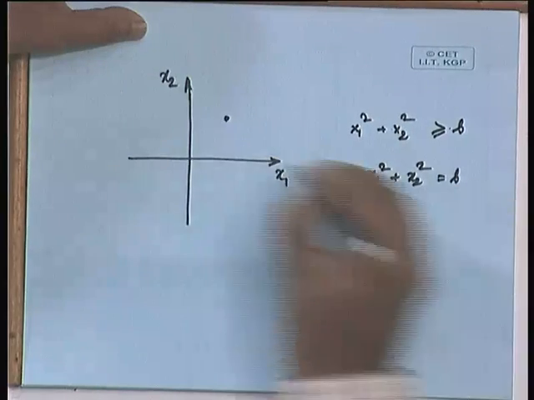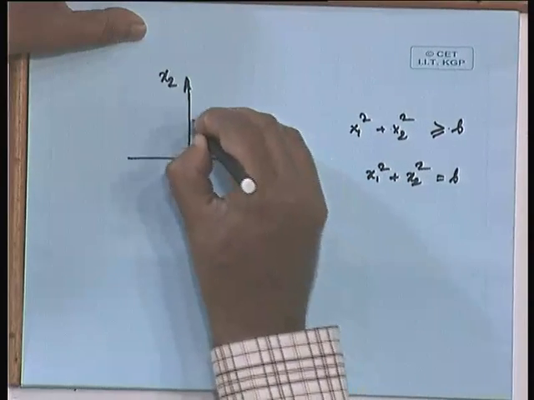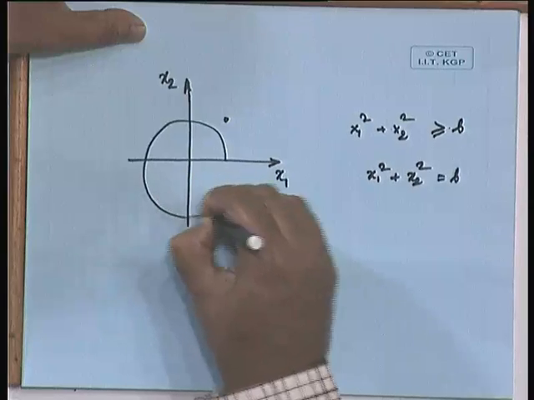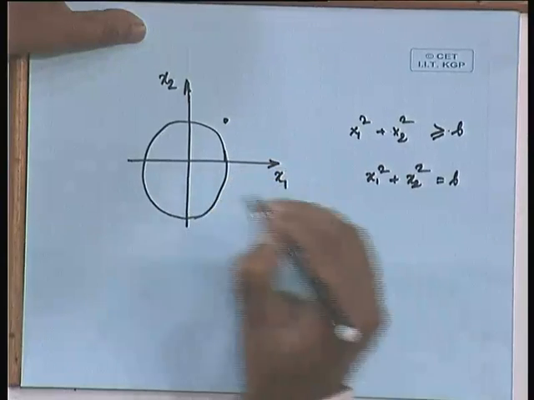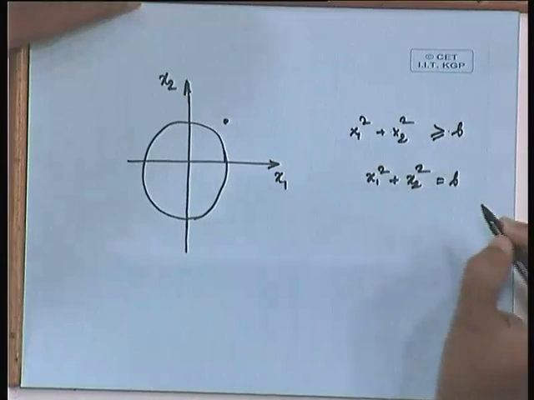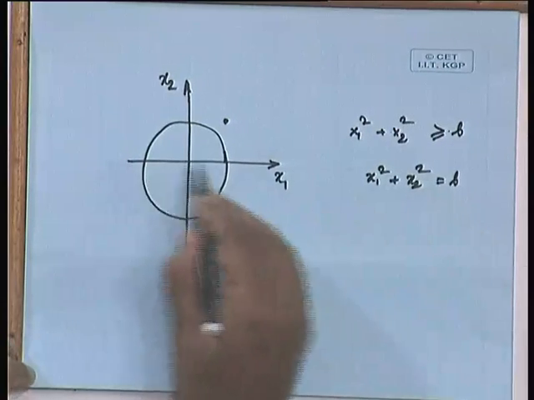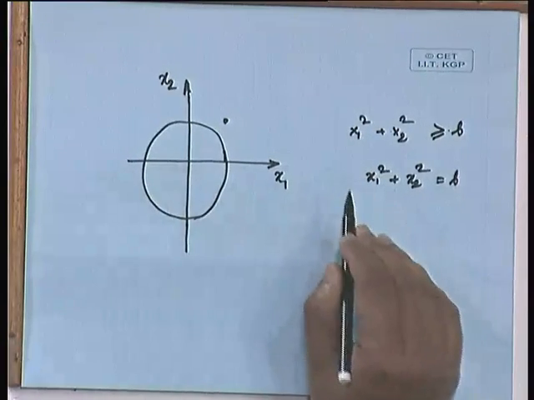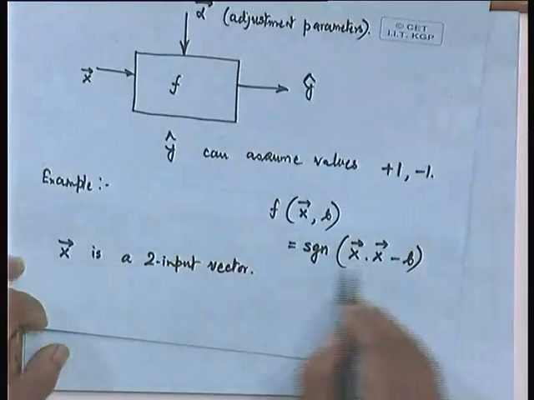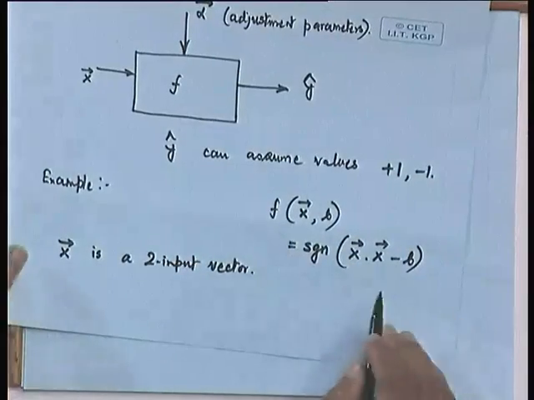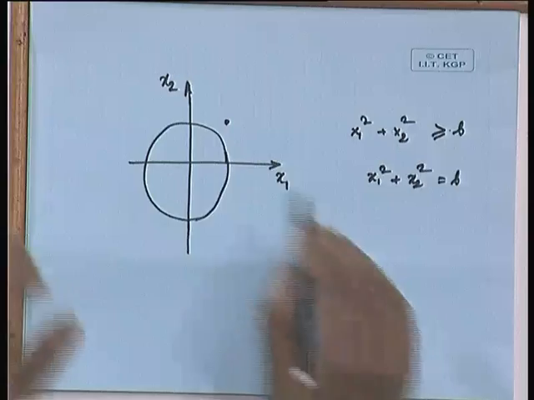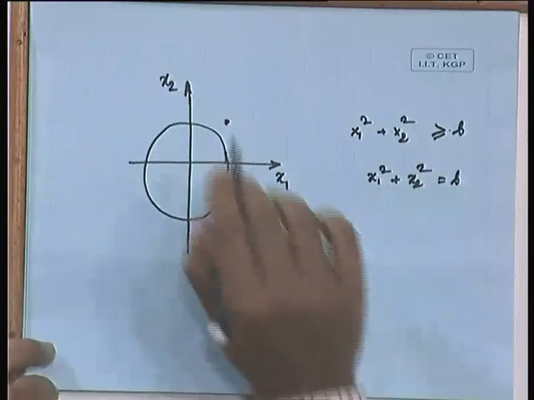Let us say the decision function is realized this way. Of course, my drawing does not show a good circle, but once we have an equation of this form, this will definitely form a circle like this.